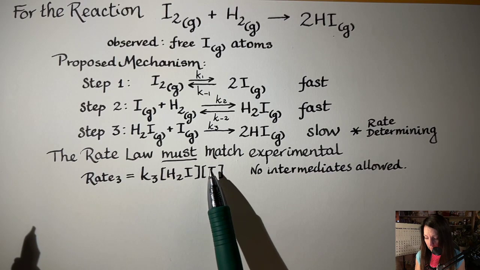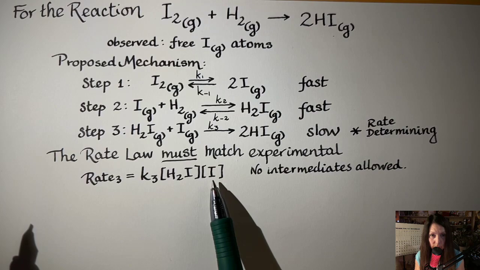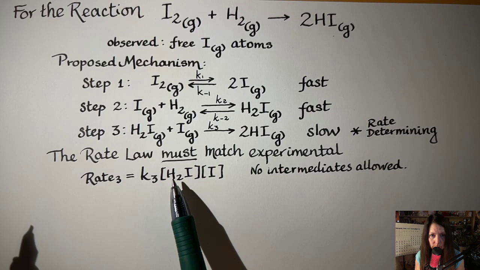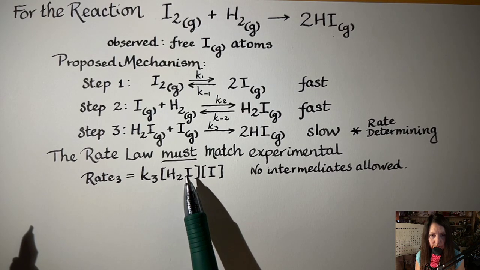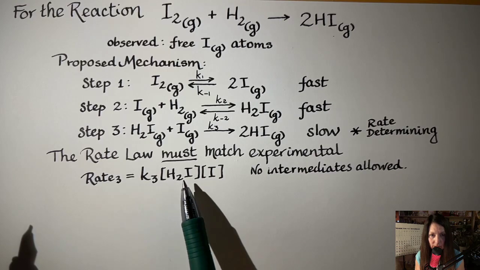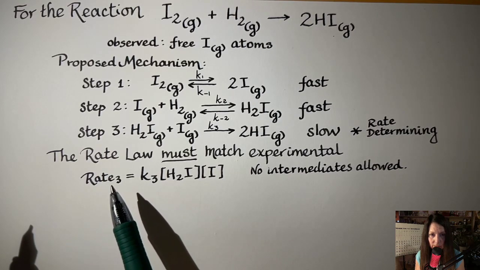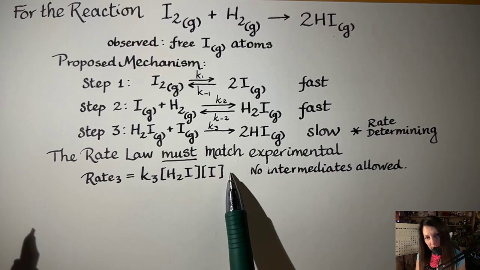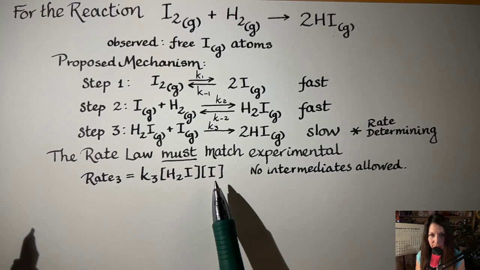And iodine is one of those intermediates. This is not allowed in a rate law. Same with H2I. It's an intermediate, not allowed to exist in the rate law. So this doesn't mean that this is incorrect, but it does mean it's not written in a form that is allowed.